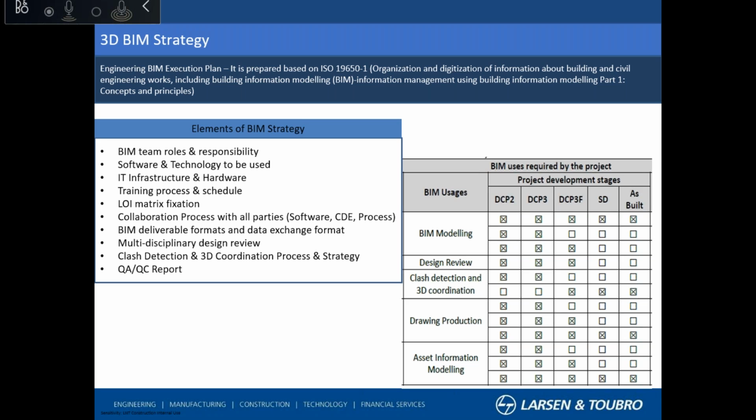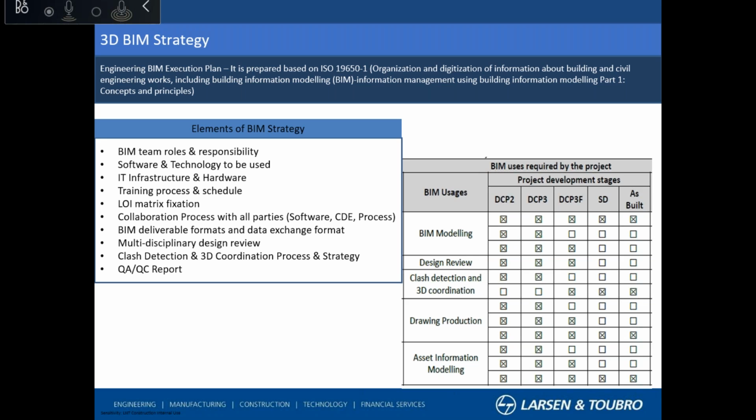What are the BIM manager's roles and responsibilities, the BIM coordinators, the BIM information administrator? All of this is prepared based on ISO 19650-1. And the infrastructure and hardware needed for this BIM implementation is also mentioned here, with the software and technology to be used.